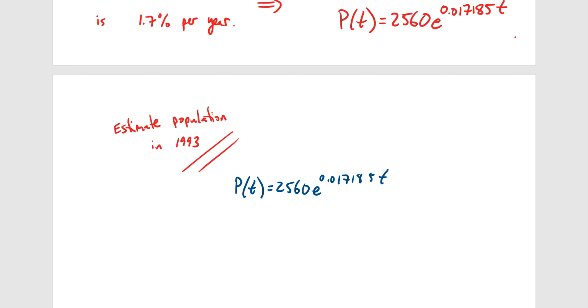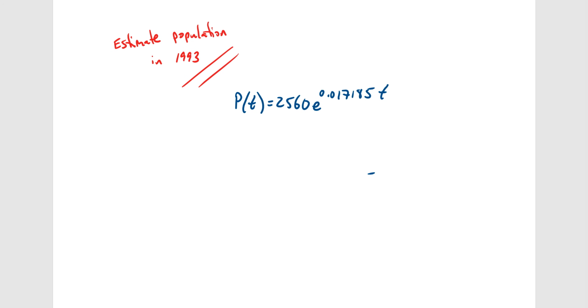So a common mistake here is you're not plugging in 1993 into t. You have to figure out how many years after 1950 this year is. So we would have to do some subtraction. 1993 minus 1950 equals 43. So 1993 is 43 years after 1950, because remember that was our starting date that we were using. So that's going to be what we plug in.